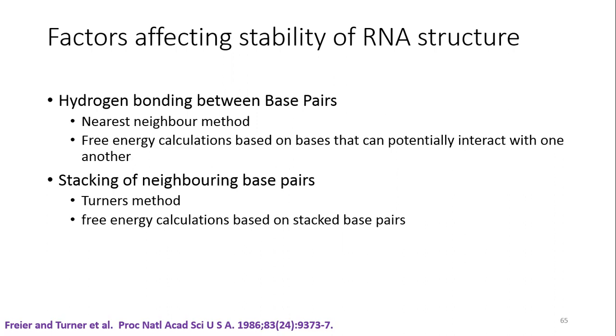On the other hand, Turner's method relied on considering how the neighboring base pairs are stacked upon each other, and that would eventually give rise to some terms that can be used for calculating the free energy. So all in all, Turner's method used free energy calculation based on stacked base pairs.